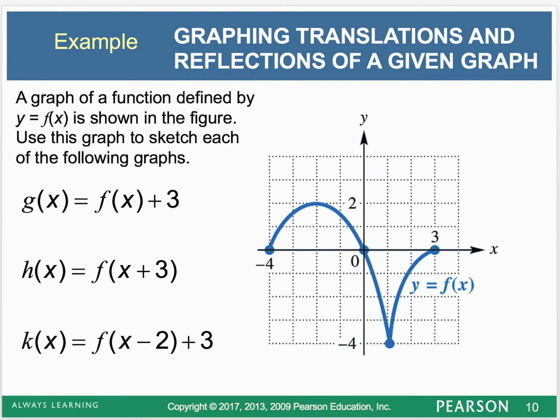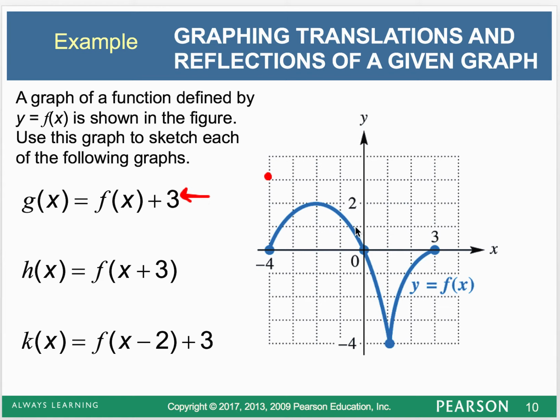All right, so let's look at these. It's saying here's some function. Let's find f of x plus 3. So we're going to just add 3, which means move every point up 3. 1, 2, 3. Let's do this one in the oh no, I won't put it. I was going to put them all on at the same time in different colors so we could see the difference, but I think that'd be too cluttered.